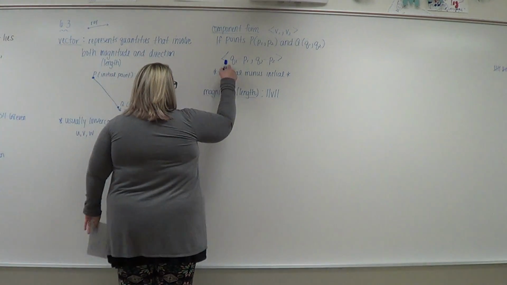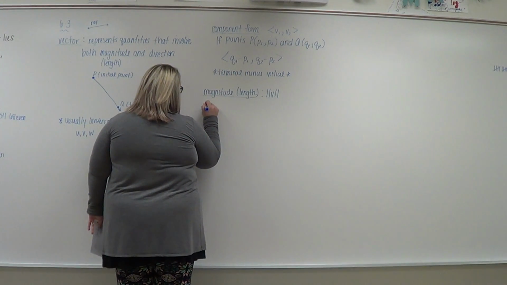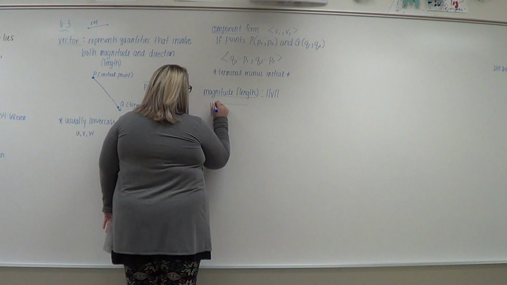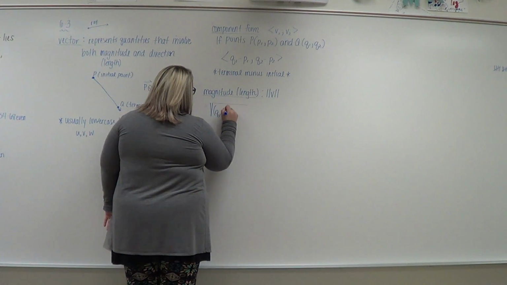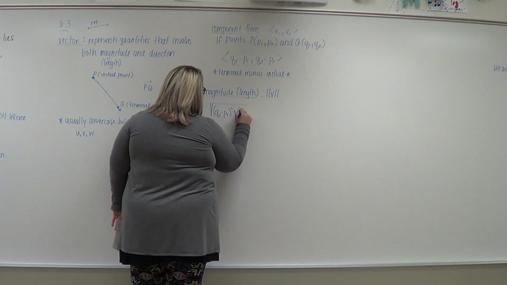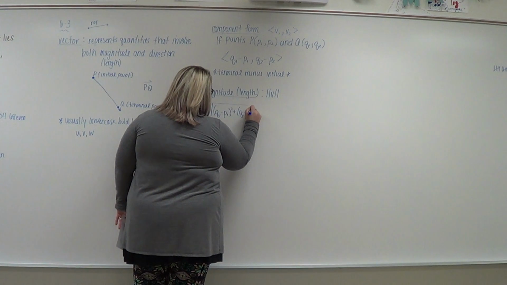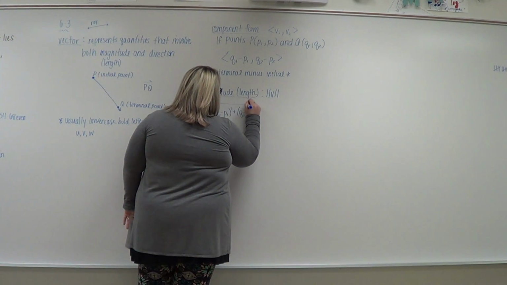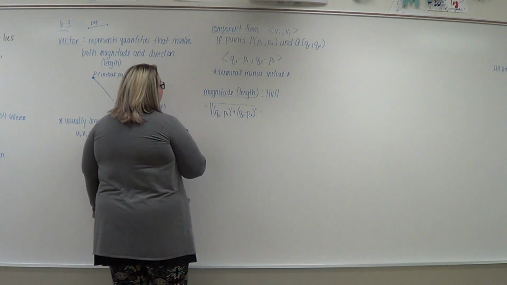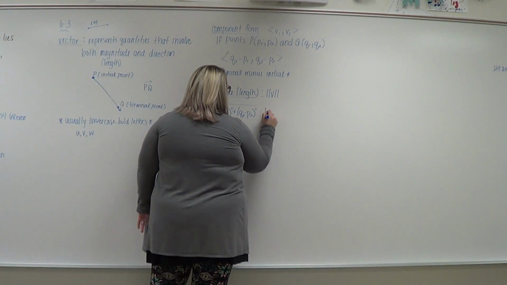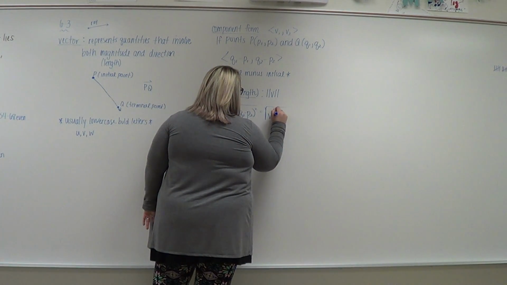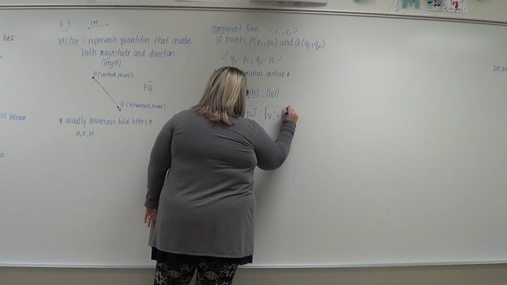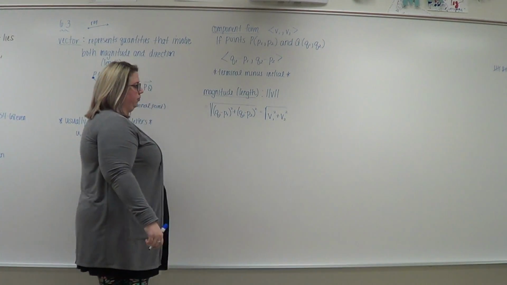So from the start, it'd be Q1 minus P1 squared plus Q2 minus P2 squared. But if you already have it in vector form, you're just squaring the first part of the vector and the second part of the vector and adding them together.